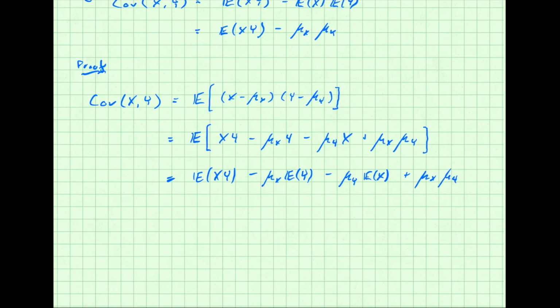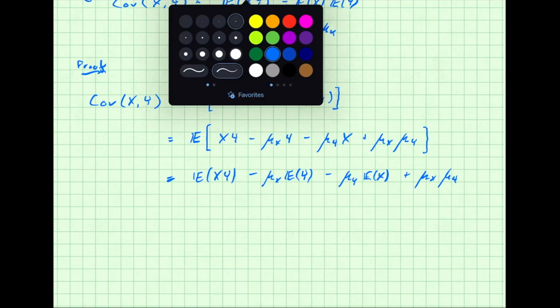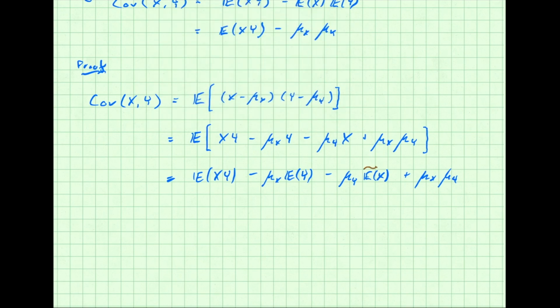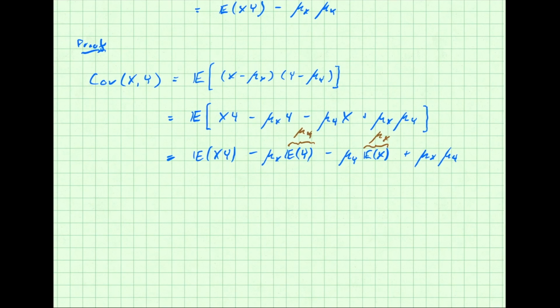But the expected value of x is mu x, right? So this is mu x, and this is mu y. And so we have three terms that are the same here. So I've got two negative ones and one positive, and so what I'm left with is the one negative one.